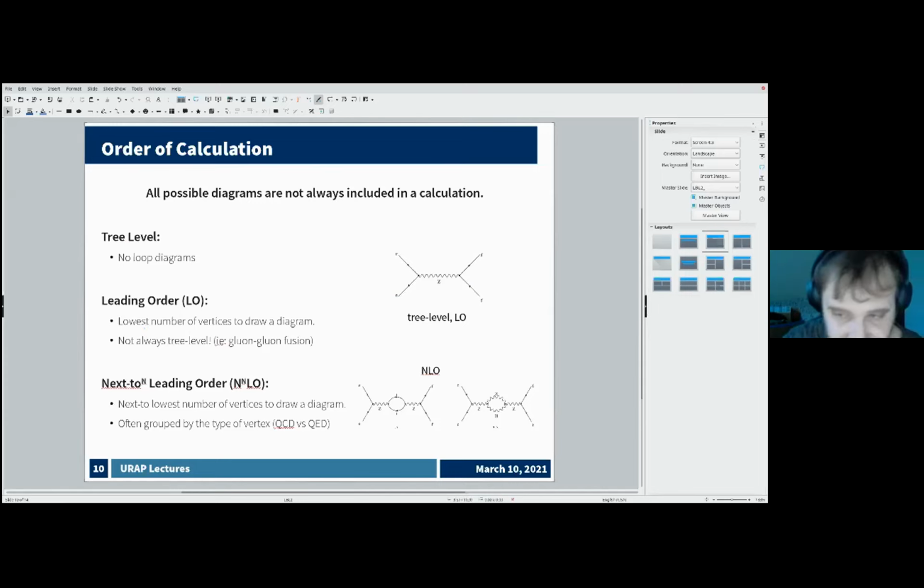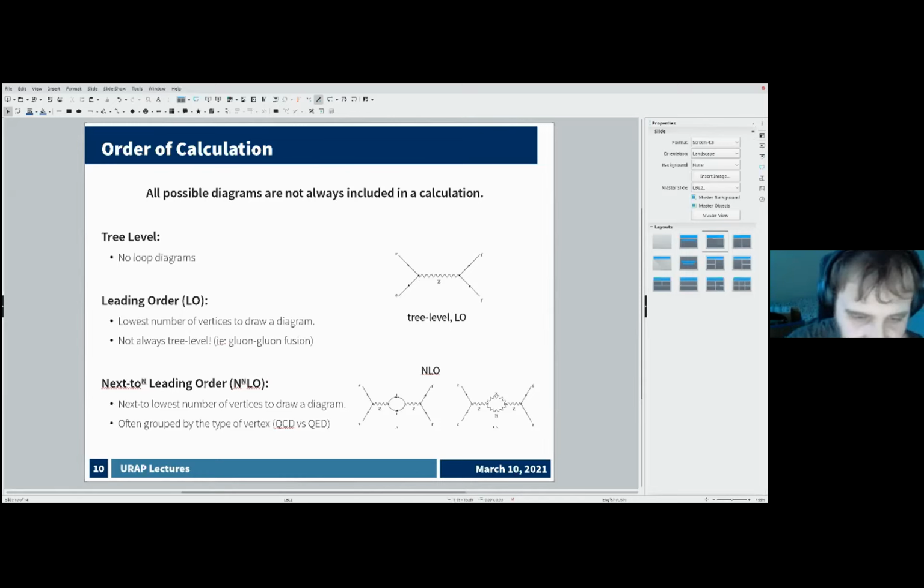In most cases, it is just a tree-level diagram, but that is not always true, with an example being the gluon-gluon fusion Higgs production, which I showed earlier. Because the Higgs doesn't directly interact with gluons, there is no tree-level diagram. Instead, you have to produce it at loop level, and that is the lowest order there.